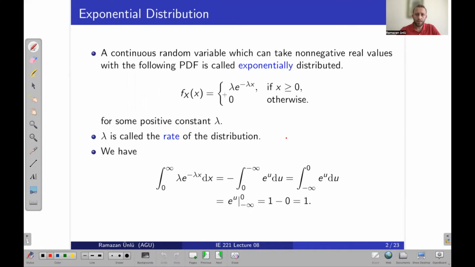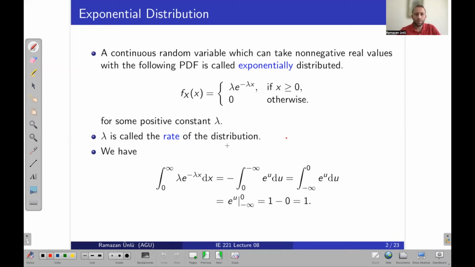And this is true for some positive constant lambda value, and that is called the rate of the distribution. You will see in the next slides how the rate of that distribution, how lambda, affects its shape. In order to say that the PDF is a proper one, we have to check some properties.